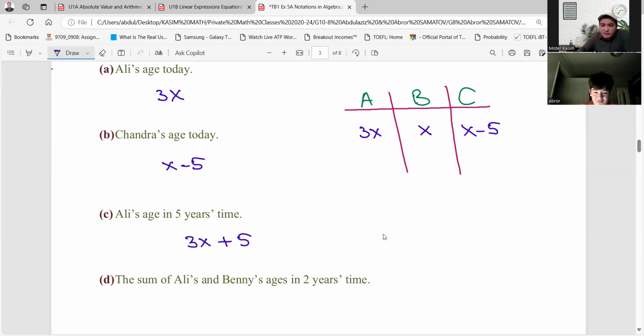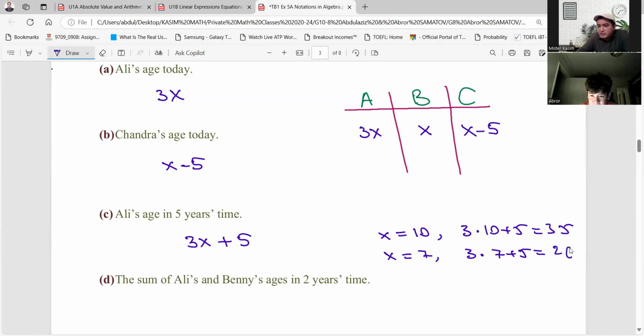Now, for example, if x is 10, then Ali will be 3 times 10 plus 5. He will be 35 years old. But I don't know the value of x. Suppose x equals, let's say, 7, so Ali will be 3 times 7 plus 5. 3 times 7 is 21. 21 plus 5 is 26. After 5 years, Ali will be 26 years old.